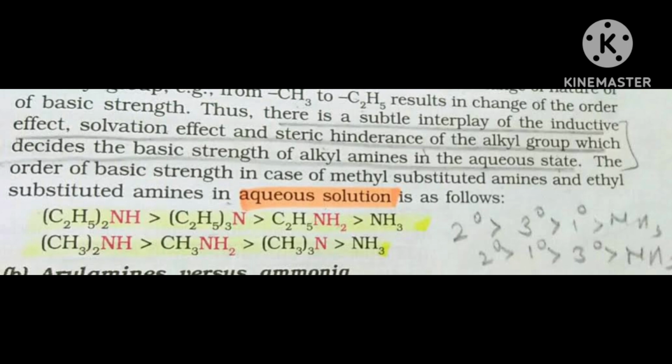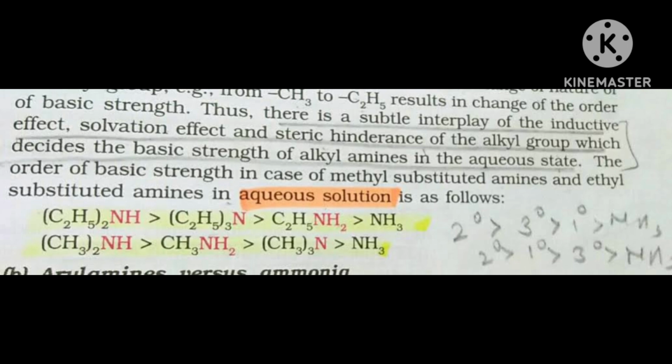Because 2 ethyl groups are attached, this is more basic than (C2H5)3N, where 3 ethyl groups are attached. And this (C2H5)3N is stronger than when only one ethyl group is attached, that is C2H5NH2.